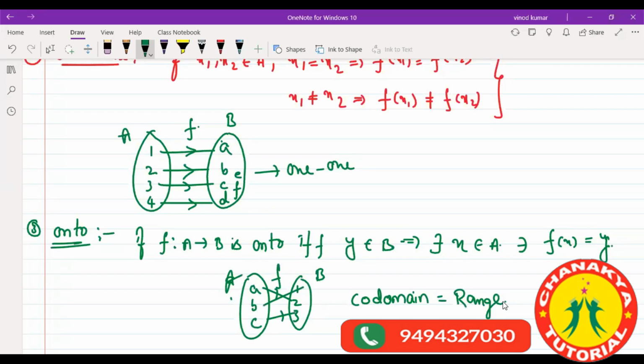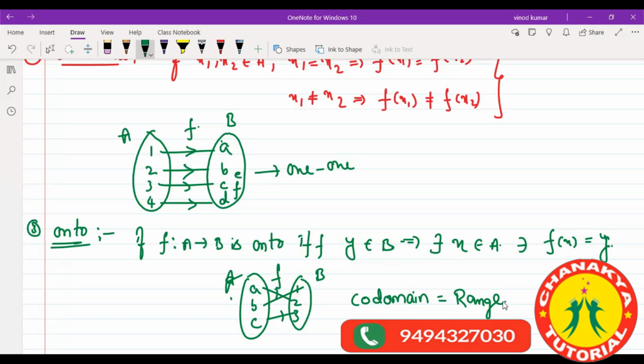For example, in a theater, if all the seats are assigned to persons, that is onto. In a seminar hall or a classroom, if all seats are filled with students or persons, then it is onto.